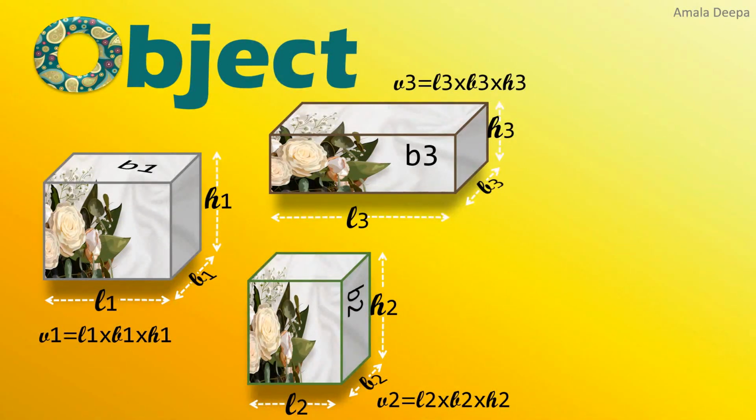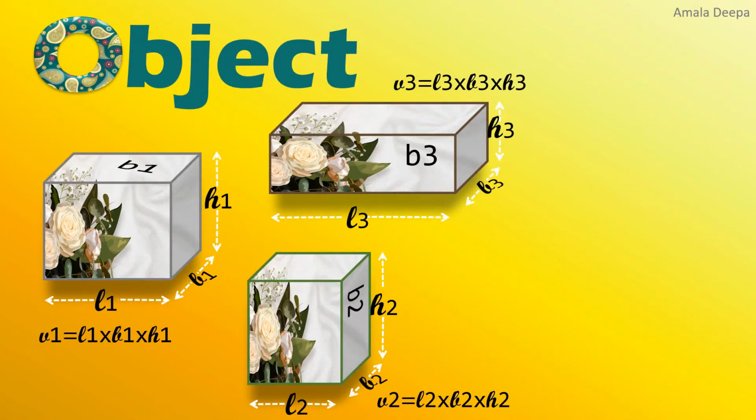Do you think that these objects are different? No, they are not. Actually, they are similar because all the three objects have properties or attributes as length, breadth, and height. And the volume is calculated by the formula length into breadth into height.